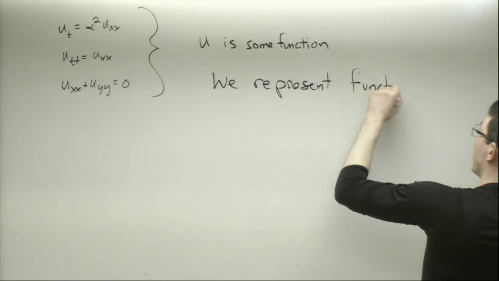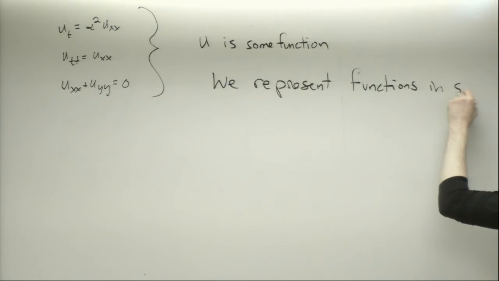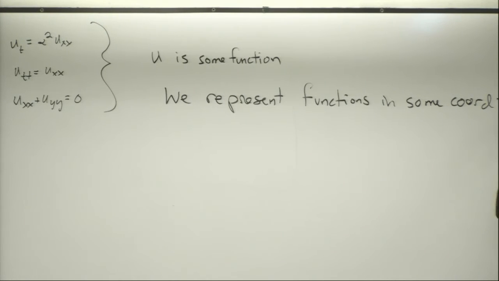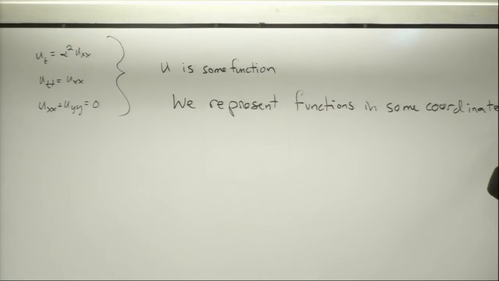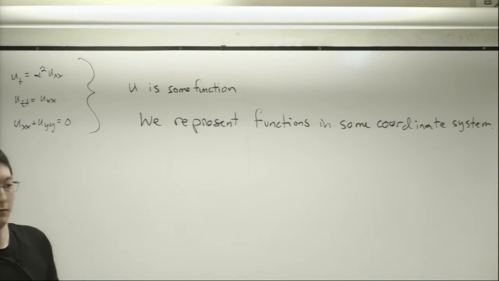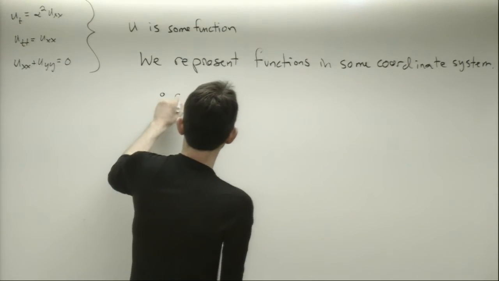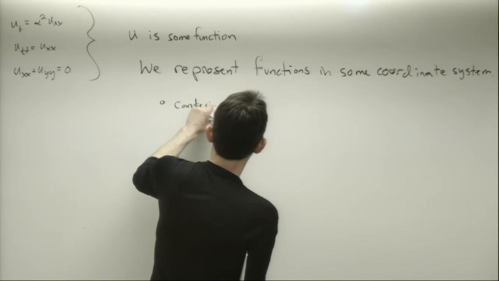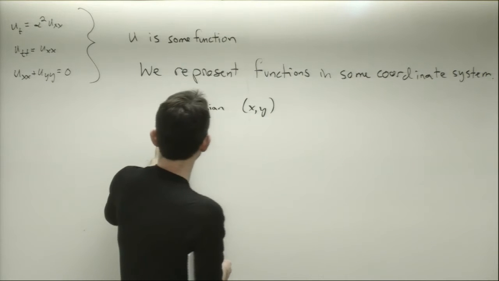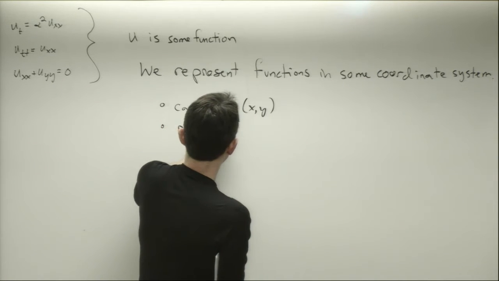So we represent functions in some kind of a coordinate system. What are your favorite coordinate systems that you use all the time? Okay, Cartesian, so x and y. What are some other ones? Polar, r and theta.